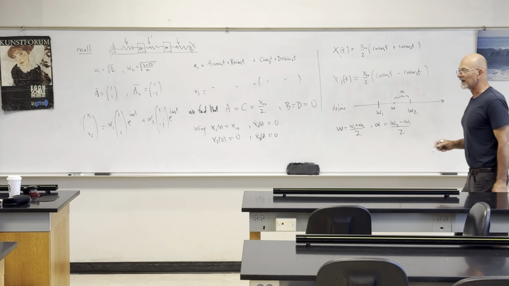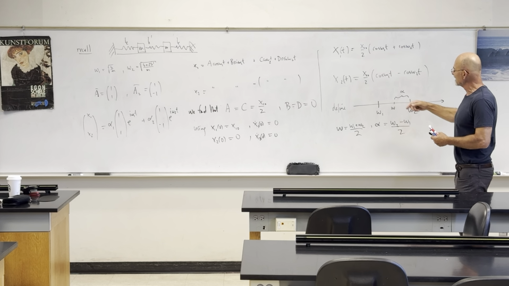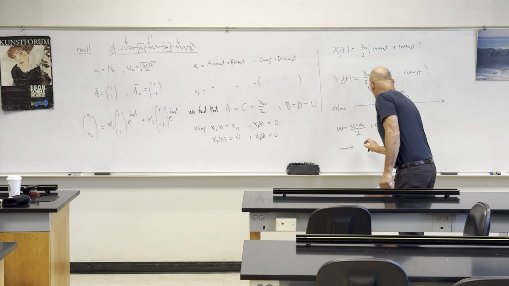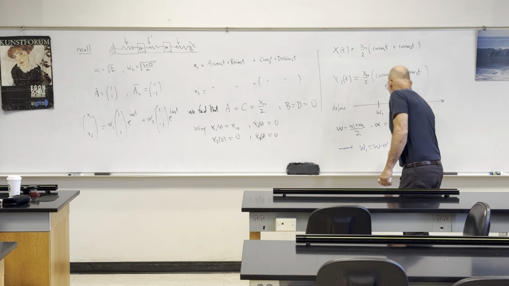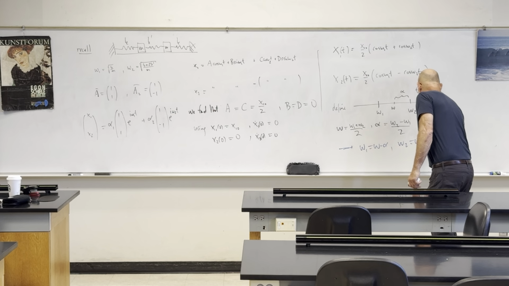So there's my alpha, right? And because we can either do this geometrically or algebraically, or just looking at the picture, what we now get is omega 1 is omega minus alpha, and omega 2 is omega plus alpha.